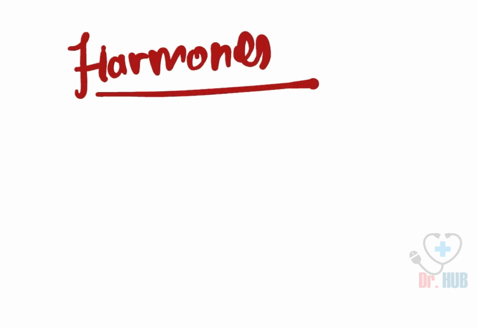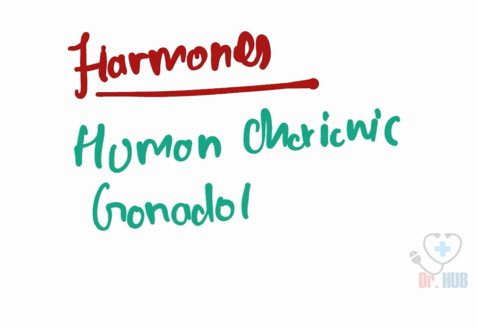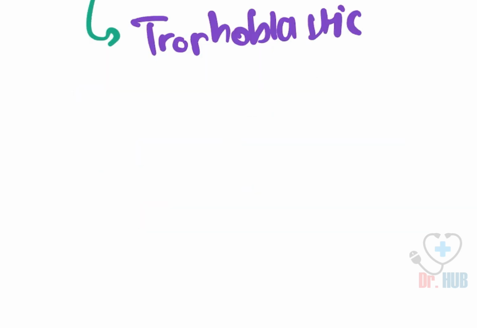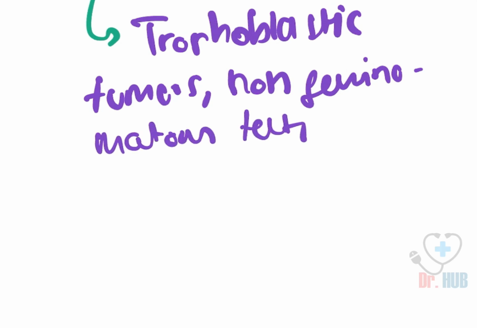So firstly, looking at the hormones. Under this, the tumor marker includes the human chorionic gonadotrophin, and the tumor types include the trophoblastic tumors as well as the non-seminomatous testicular tumors.